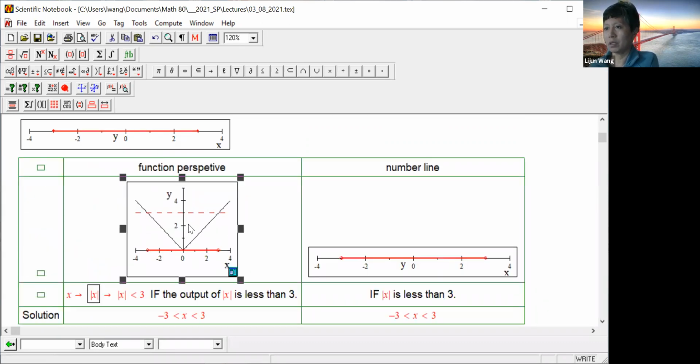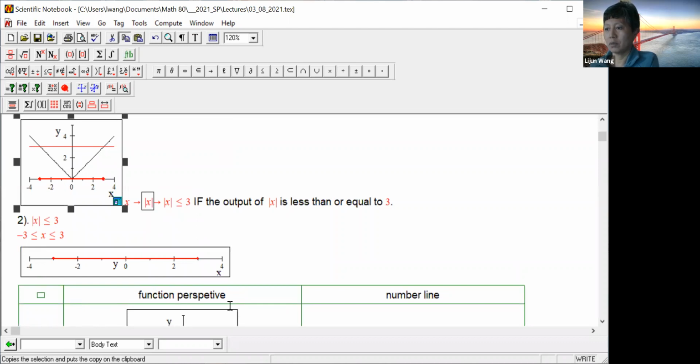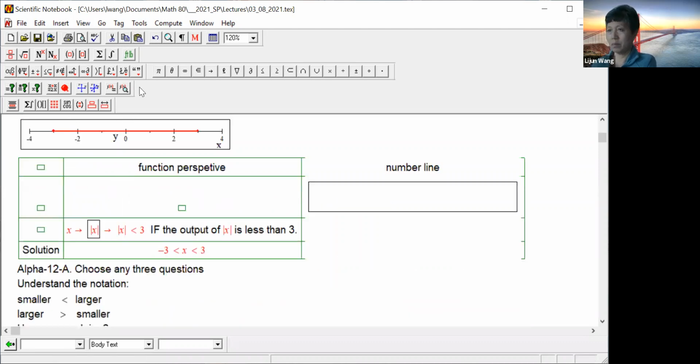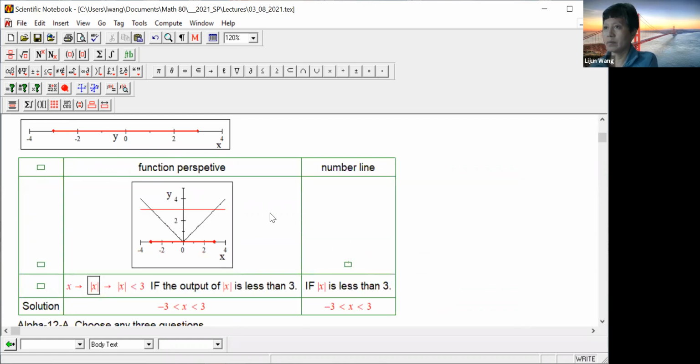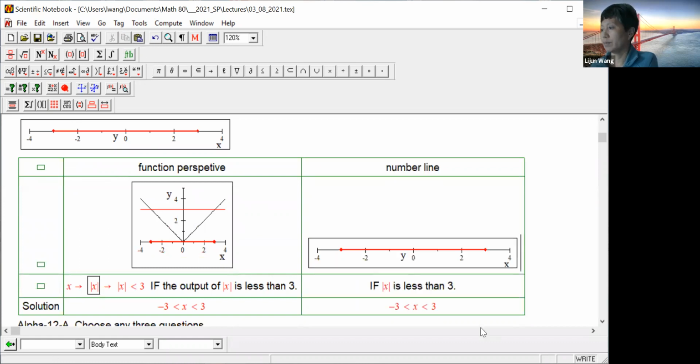I'm going to replace this picture by that. And of course, this is less than or equal to 3. So make sure that there are some minor changes required: less than or equal to.